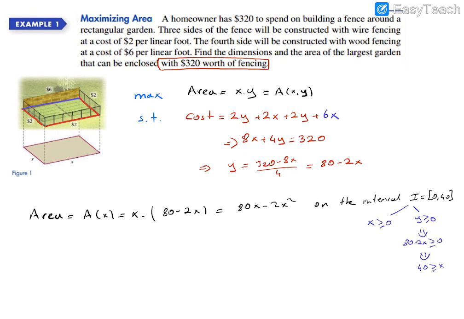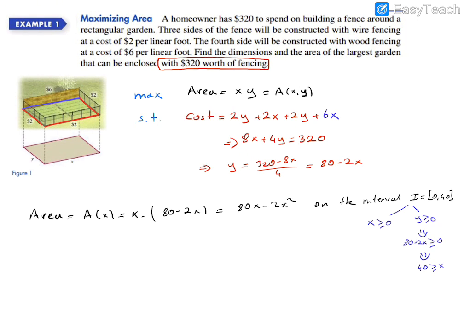If x is 0, you just have a line. The area is 0. If x is 40, again you just have a line because now y is 0. So x will change between 0 and 40. If x is 0, y is 80. So the total cost is 80 times 4, which is 320.